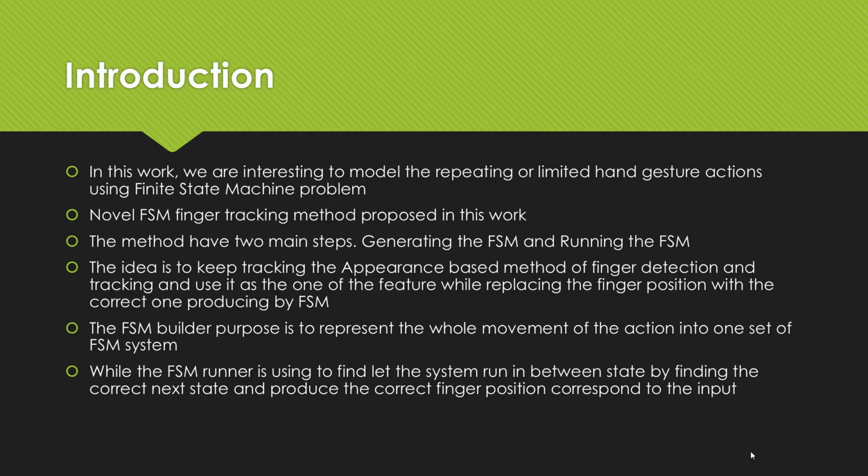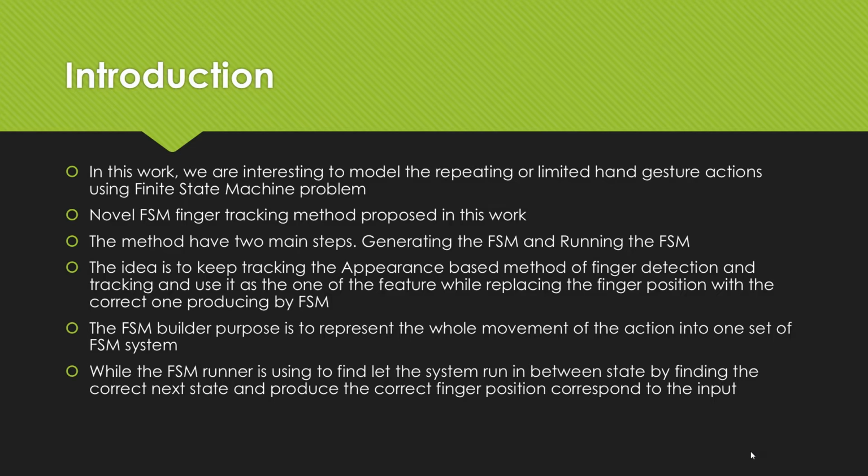In this work we are focused on one model to detect the finger pulse on repeating or limited hand gesture actions using a finite state machine problem. So we use the finite state machine algorithm to try to solve this repeating and limited hand gesture or hand action system.